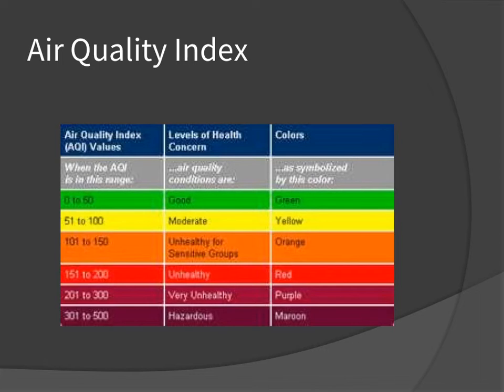So if we have green air quality, you have an AQI between 0 and 50. Moderate, 50 to 100. Remember, this is considered good. Then you have anything above that, which gets you to the orange, red, purple, and maroon levels. You may have heard about red air quality in Denver.